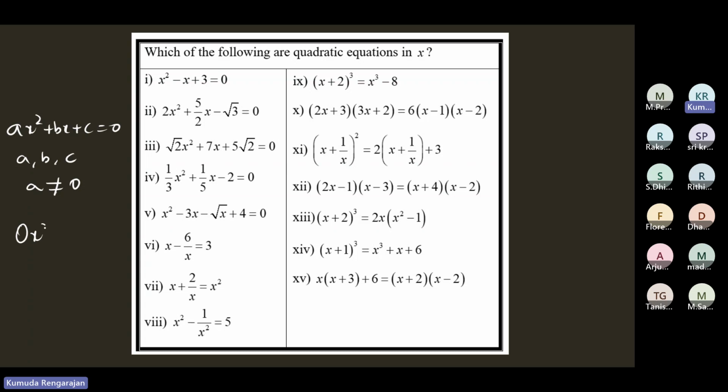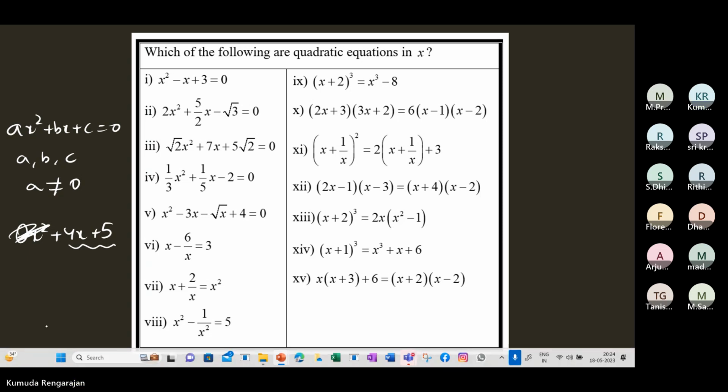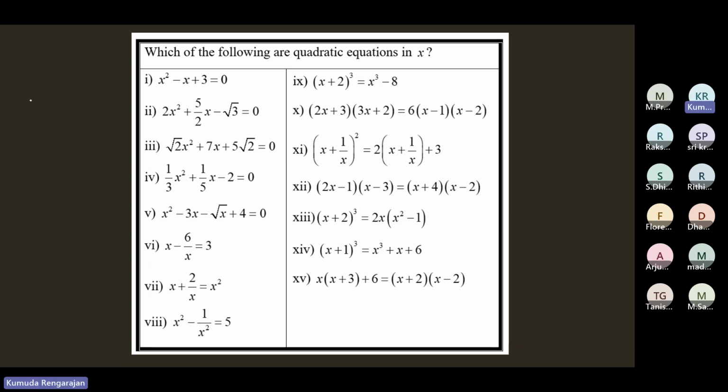Because if it is 0 x squared plus 4x plus 5, then 0 x squared is 0. There's nothing there. So 4x plus 5 is linear. It's not quadratic. Now 5x squared is equal to 0 is a quadratic equation in one variable x.